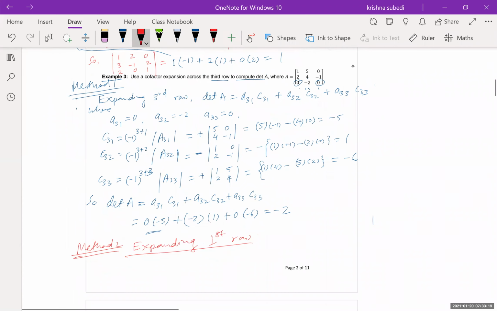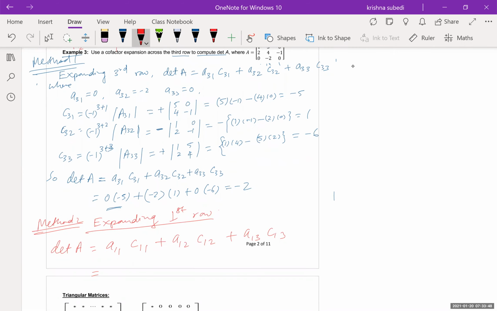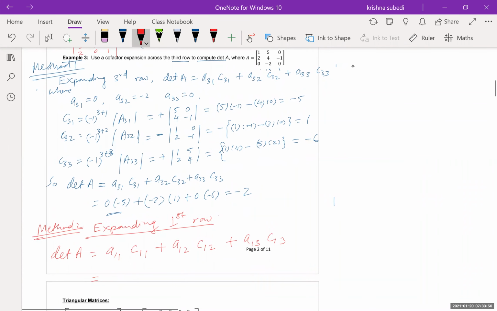If I want to expand the first row, now we know the formula. What I'm going to do is, I do this, guys. Determinant of A equals A11 C11 plus A12 C12 plus A13 C13. We know this formula. And we already know A11, which is 1.